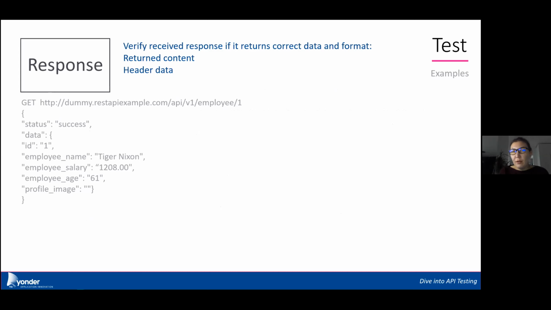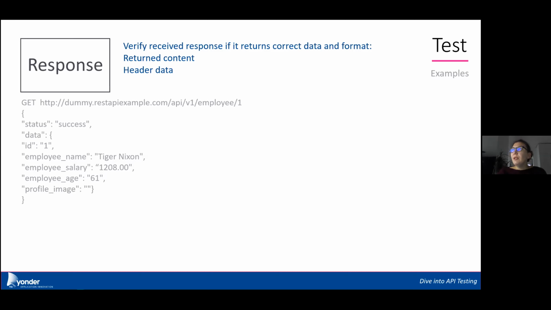Another check for the component part would be for the response. We need to verify the received responses, whether they return correct data, to check each content and each value for the data.